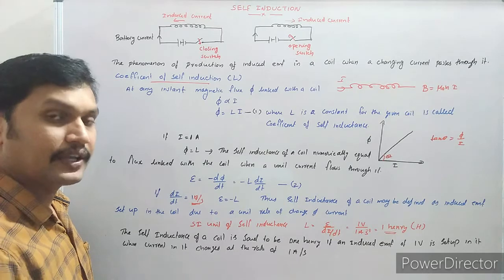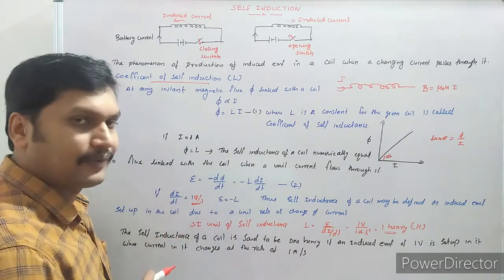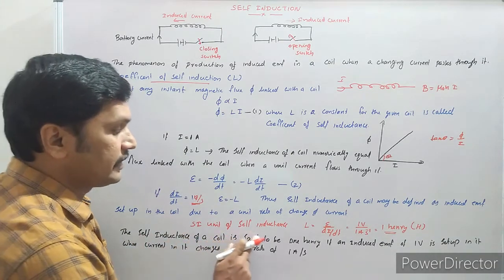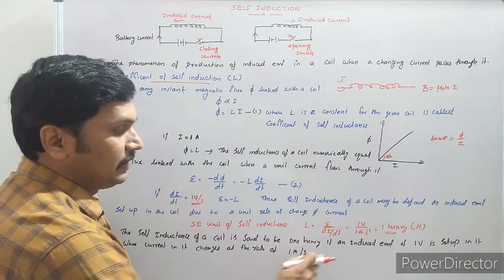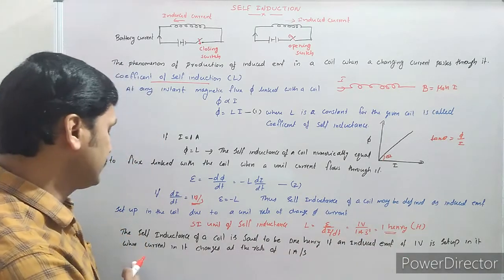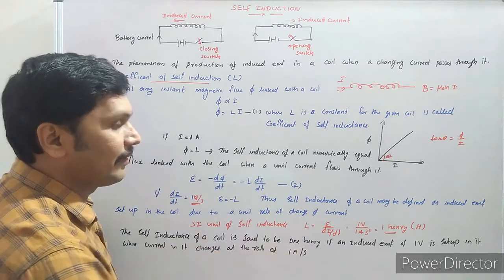Now let us see how we can define Henry. When will you say the self-inductance of a coil is 1 Henry? The self-inductance of a coil is said to be 1 Henry if an induced EMF of 1 volt is set up in it when the current in it changes at a rate of 1 ampere per second.